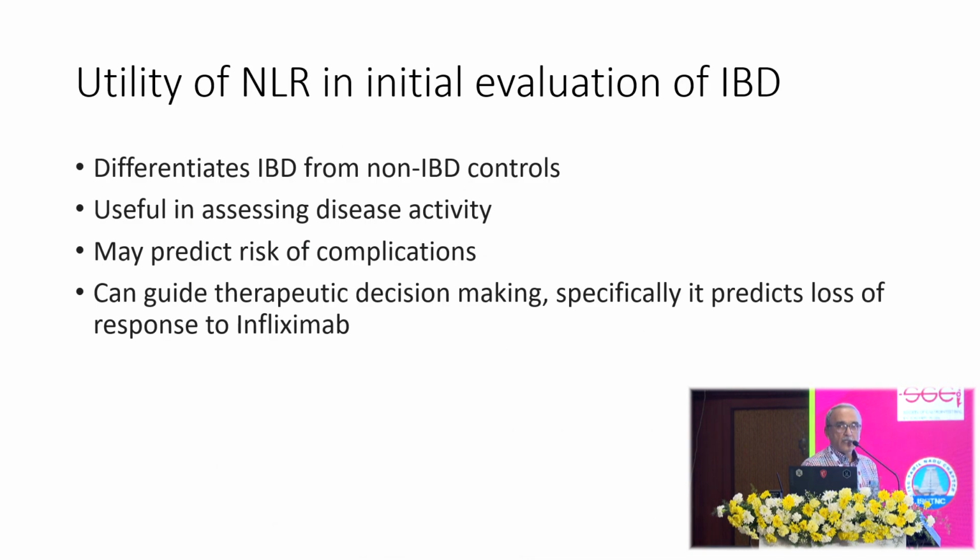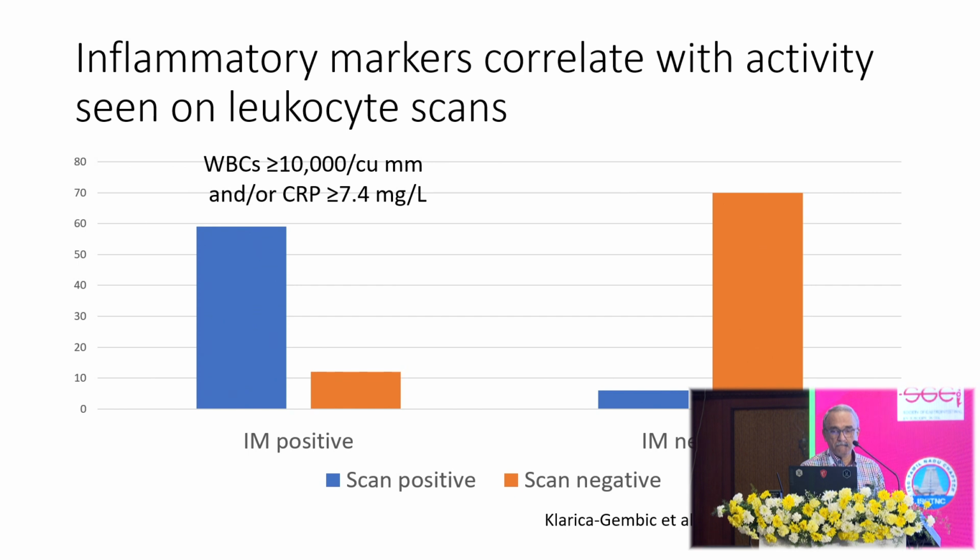The conclusions of that systematic review were that this very simple test, the NLR, differentiates IBD from non-IBD controls. It's useful in assessing disease activity. It may predict risk of complications, and it can guide therapeutic decision-making, specifically the lack of response to infliximab.